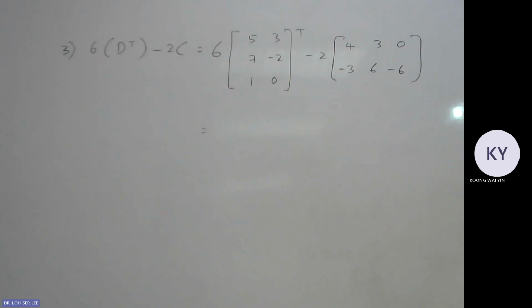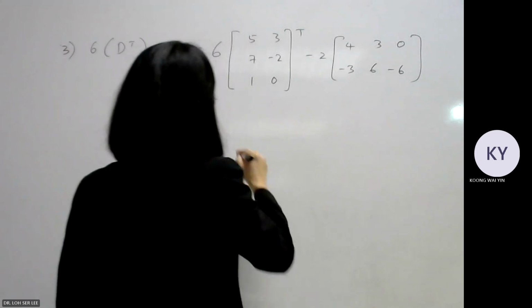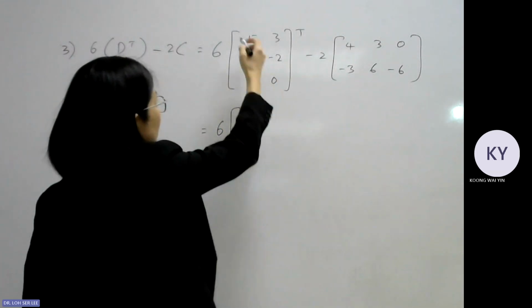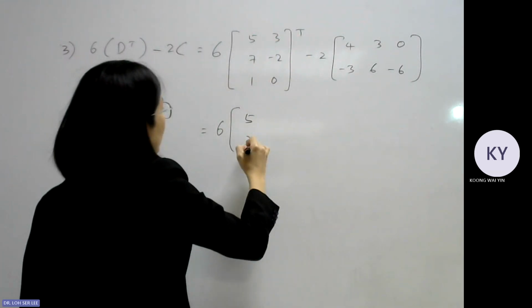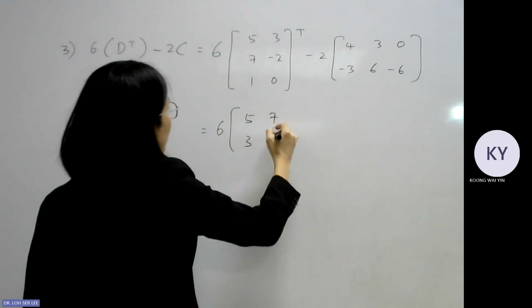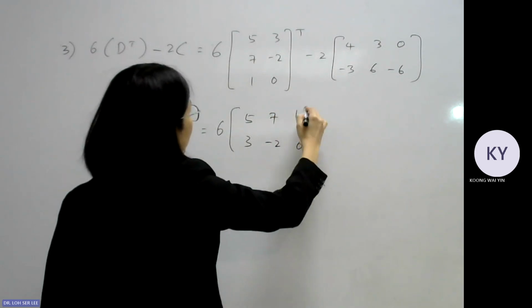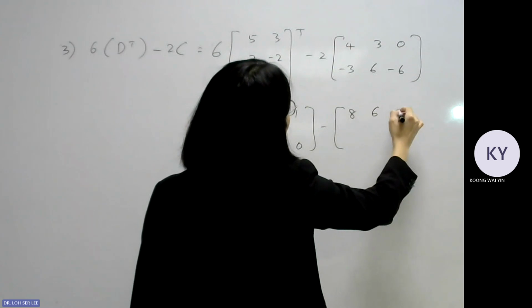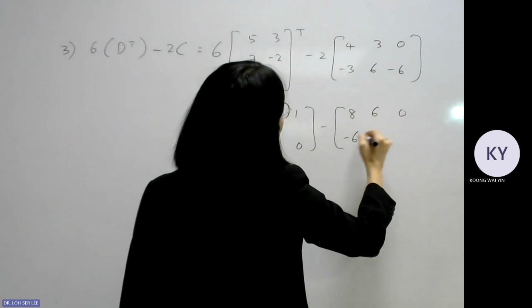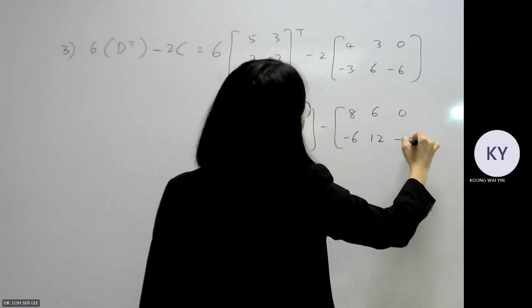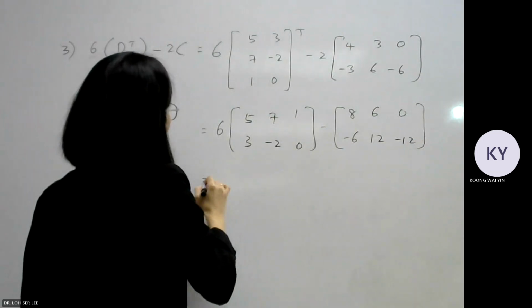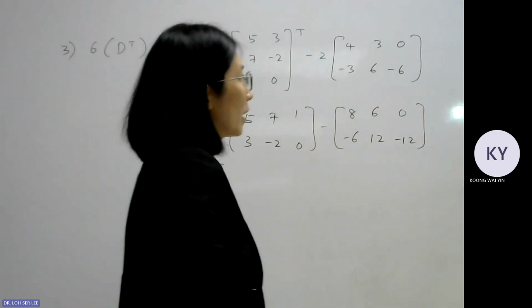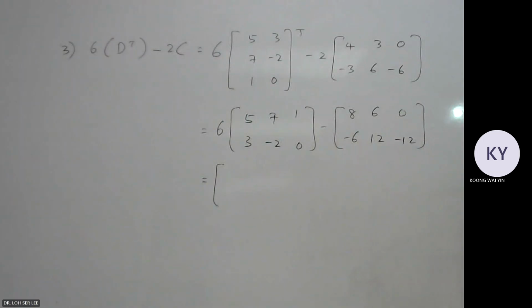Okay, done. Okay, row into columns. Then you get this. After you sum, you get this.